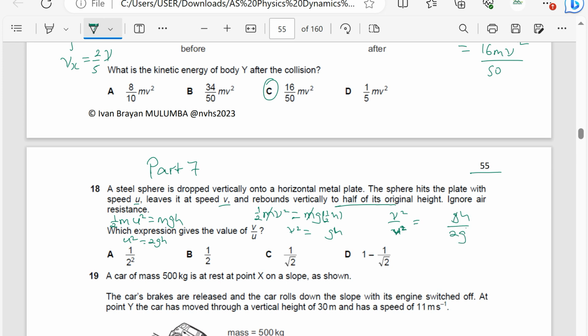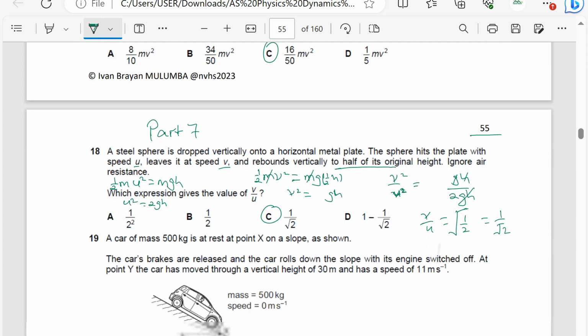So g and h cancel to become a half. But remember, this side we have a square, so v divided by u is going to be the square root of 1 over 2, and the square root of 1 over 2 is the same as 1 over root 2. So the answer is going to be C.